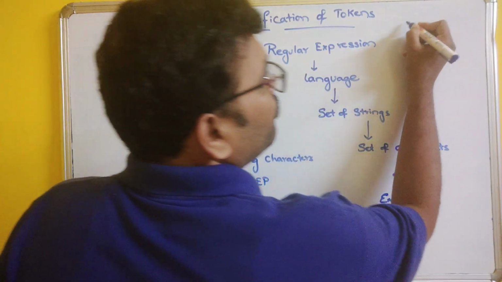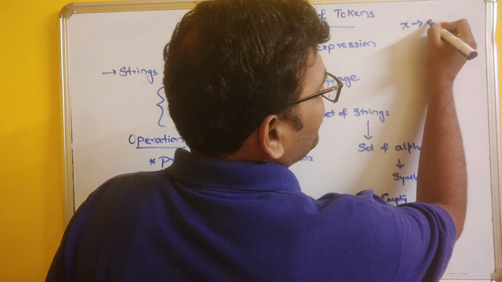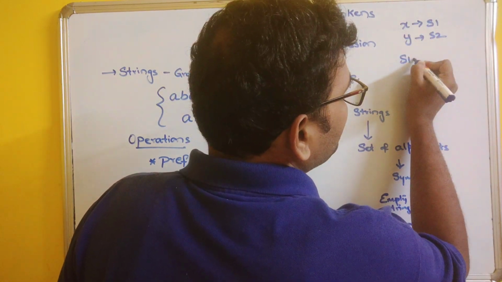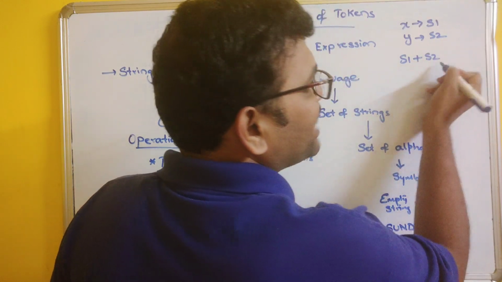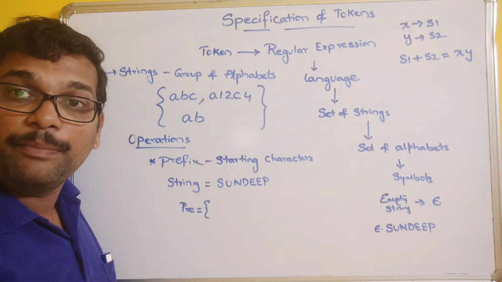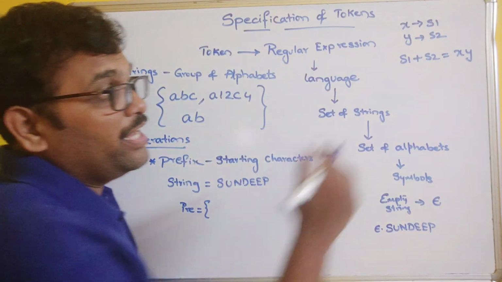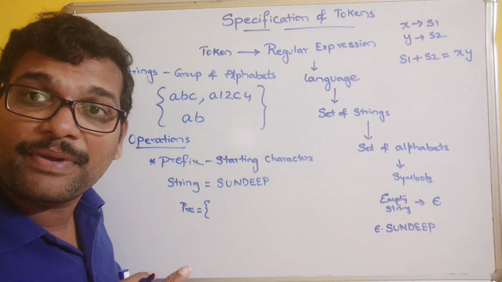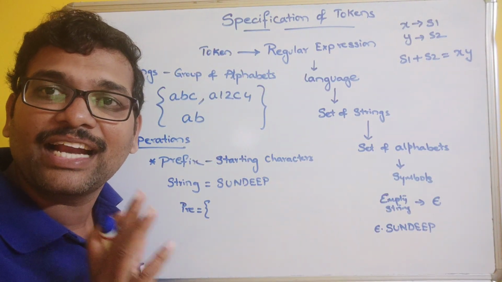If you consider x as string 1 and y as string 2, if you write string 1 plus string 2, which is a concatenation, that becomes x, y. Even though we are writing x, y, it doesn't represent a product. It is a concatenation.